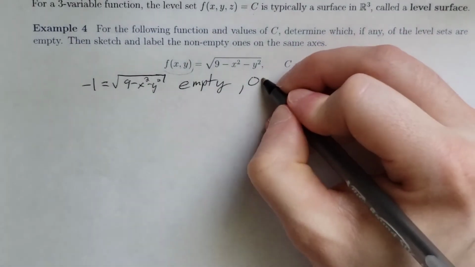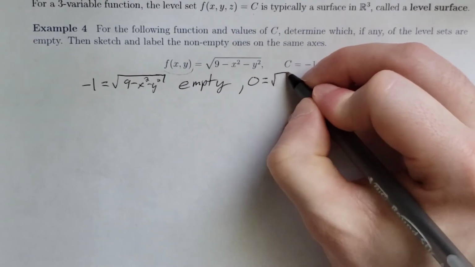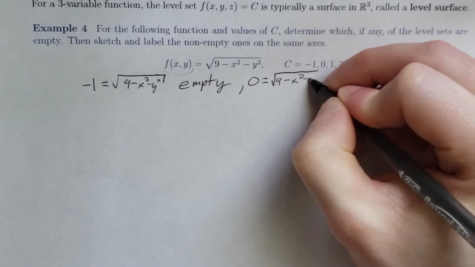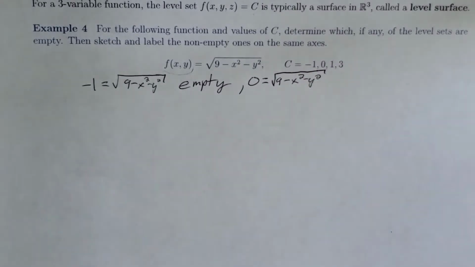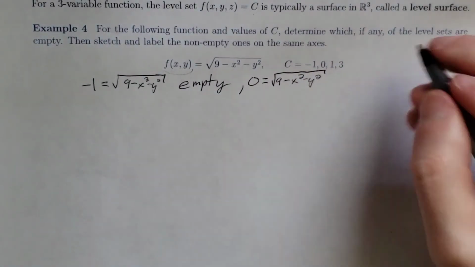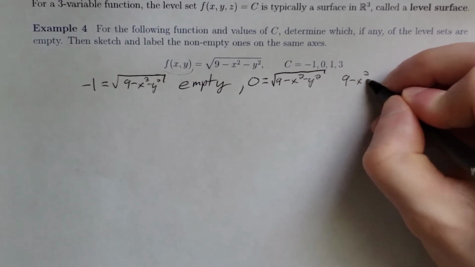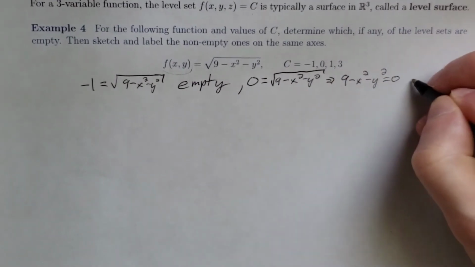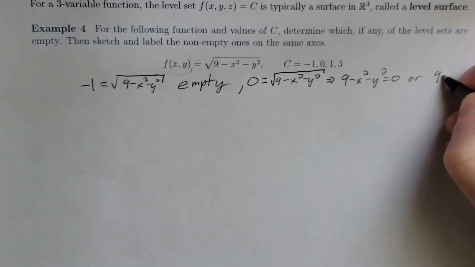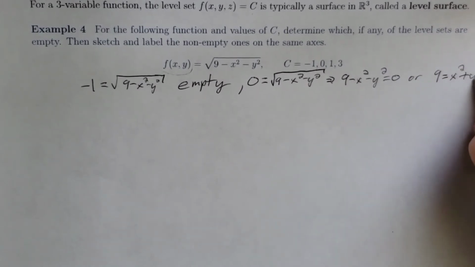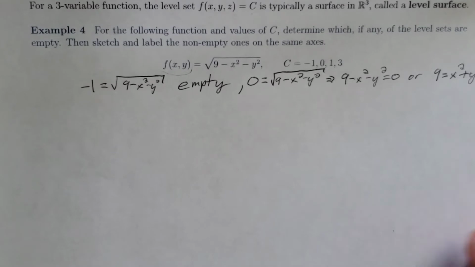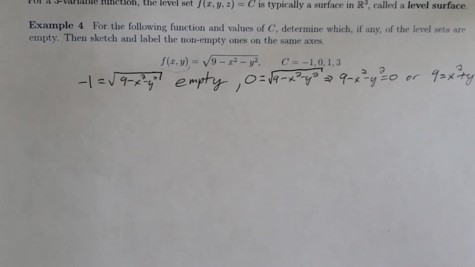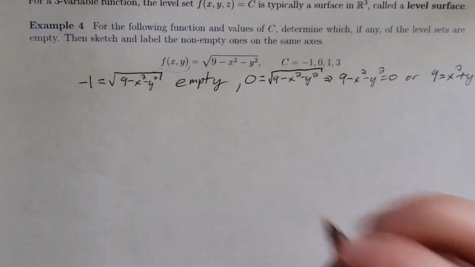Let's do c equals 0. So c is 0. Well, this implies that 9 minus x squared minus y squared is equal to 0. Or in other words, 9 is equal to x squared plus y squared, which is a circle of radius 3, centered at the origin. Okay, let's go on.